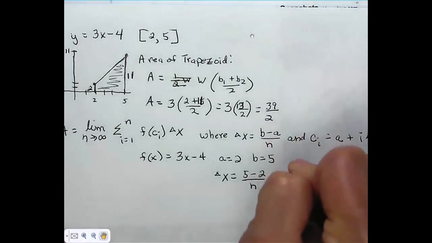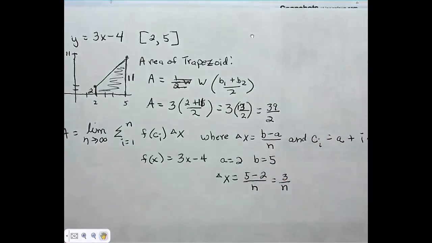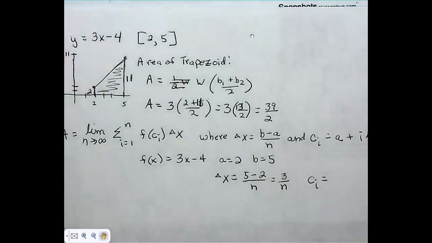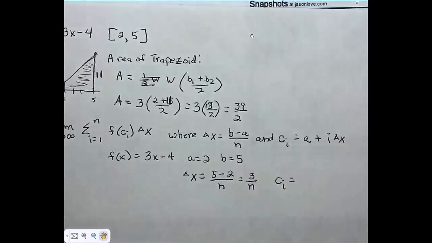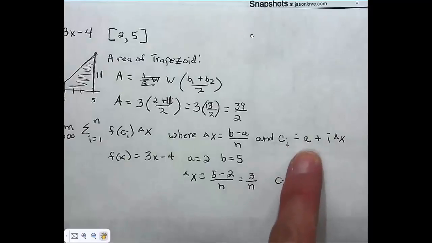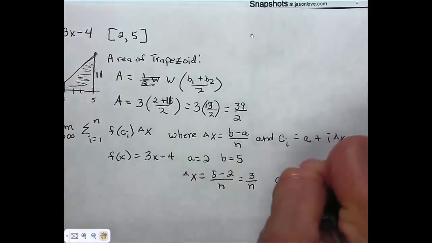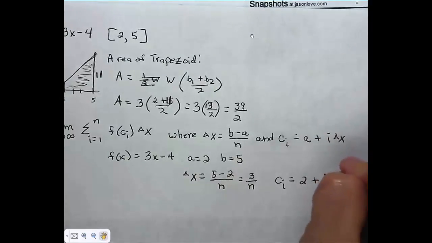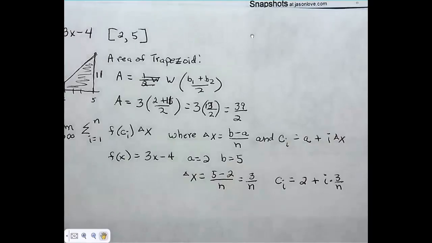But each rectangle will be of width 3 over n. And what's this point c sub i that I'm going to use to find the height of each rectangle? Well, c sub i is a, which is 2, plus i times the width of each rectangle, 3 over n.